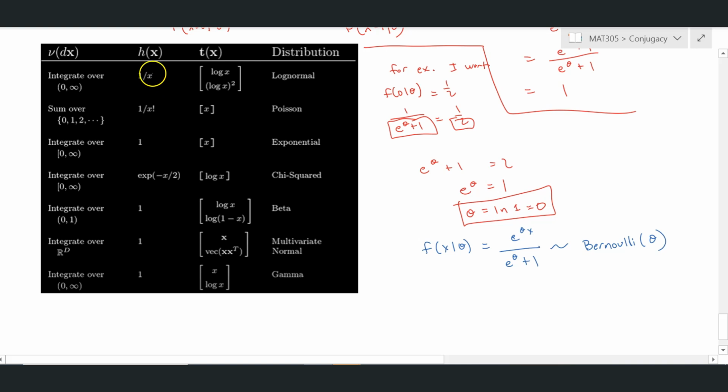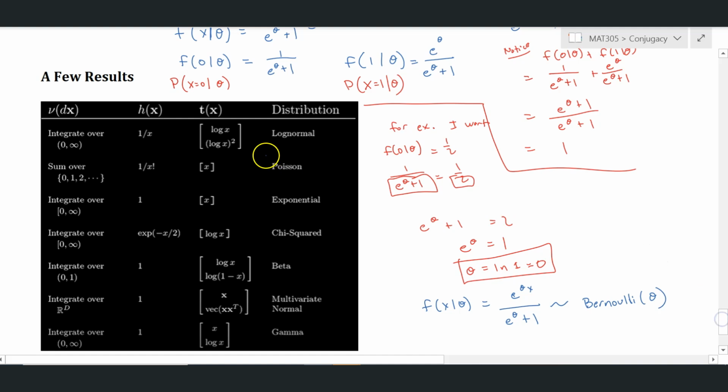If you were to pick h of x equals 1 over x, and t of x equals the vector log x and log of x squared, with our parameter set being theta vector equals theta 1, theta 2, because there, notice, are two functions of x here, so we'll need two parameters, and that will form what we call a log normal distribution. And if you integrate that from 0 to infinity, then you calculate your z of theta.